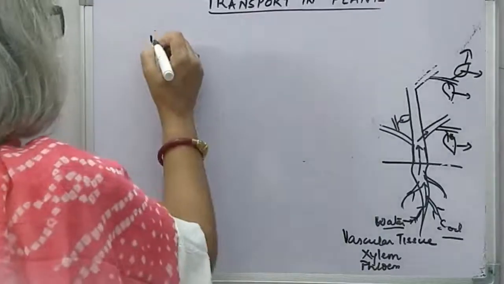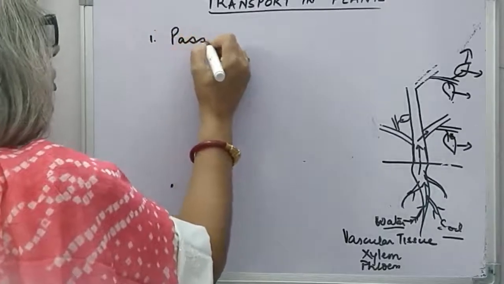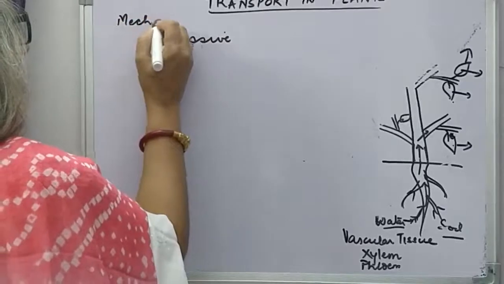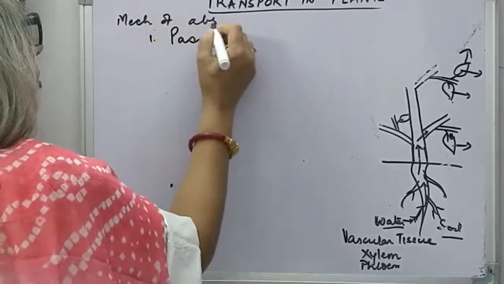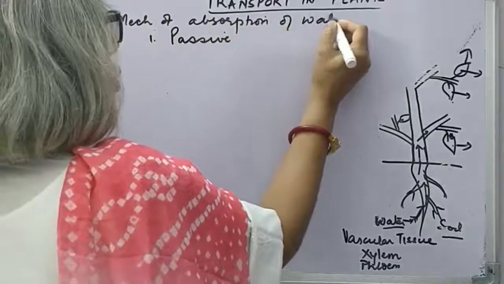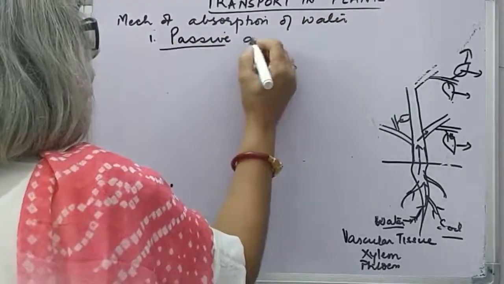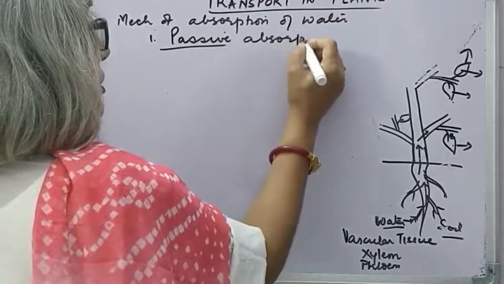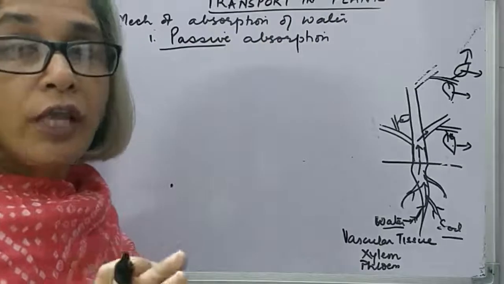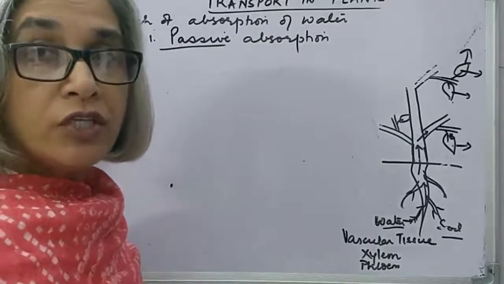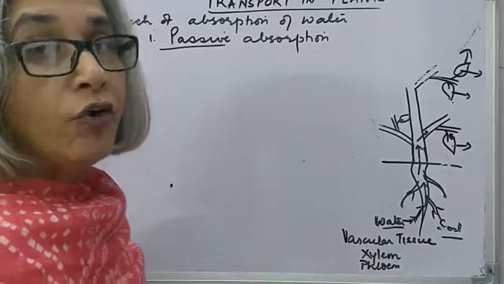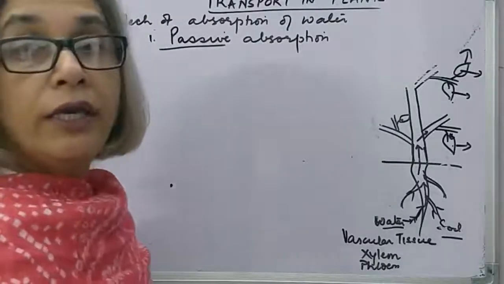One is passive absorption. Passive absorption does not involve the use of energy, or we can say the cell does not need energy for transporting water in a passive manner.